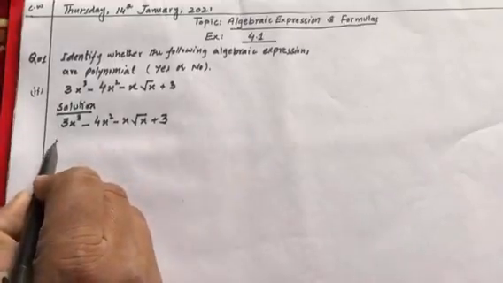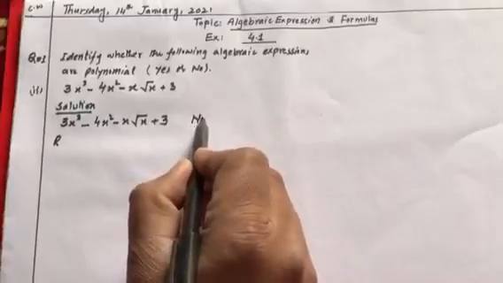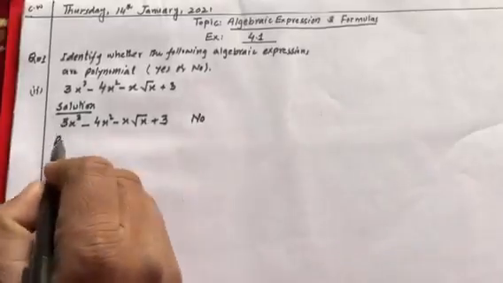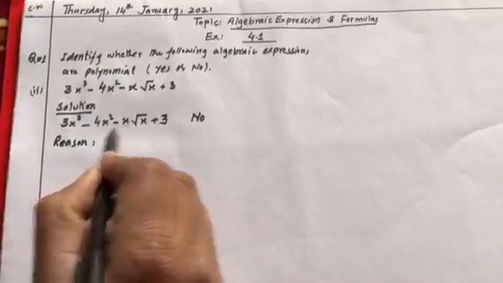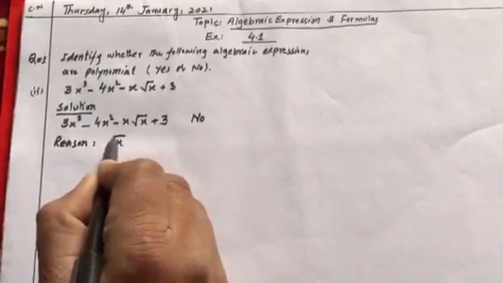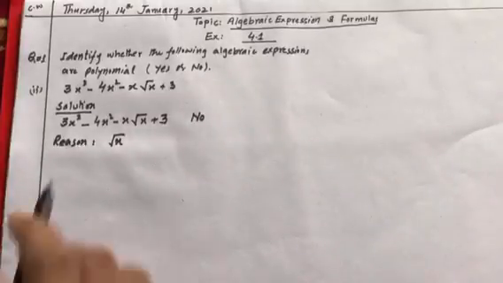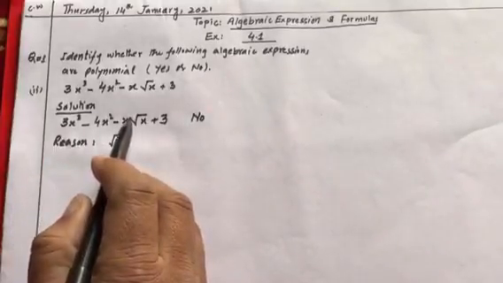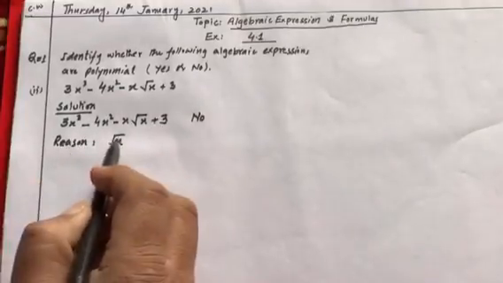So we write the answer here: no, it's not a polynomial. The reason is because the variable x is under root. So this algebraic expression is not a polynomial. Reason is √x.